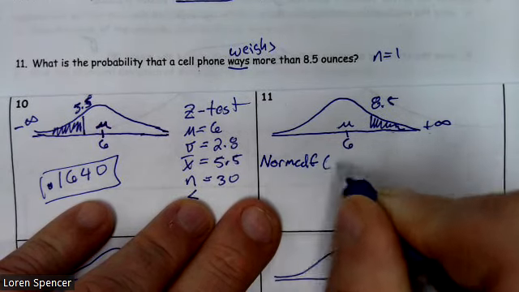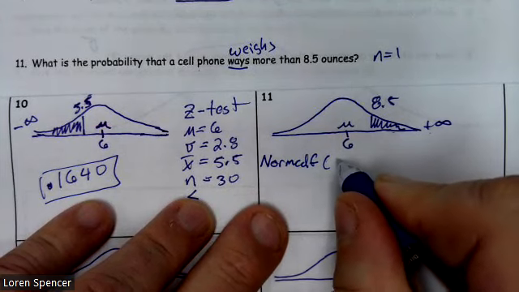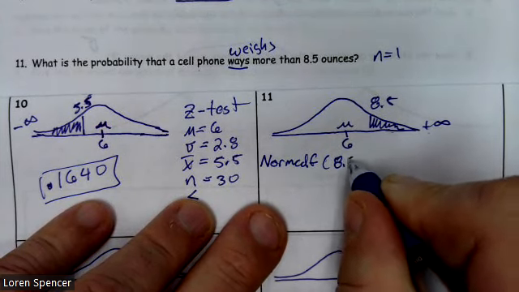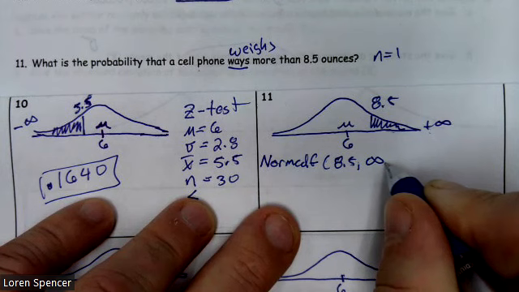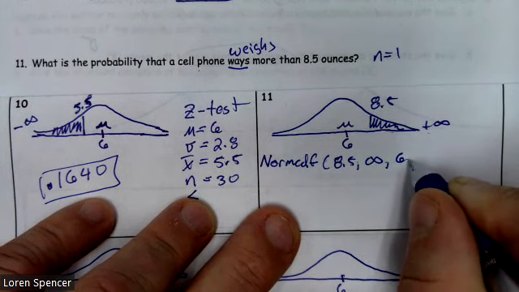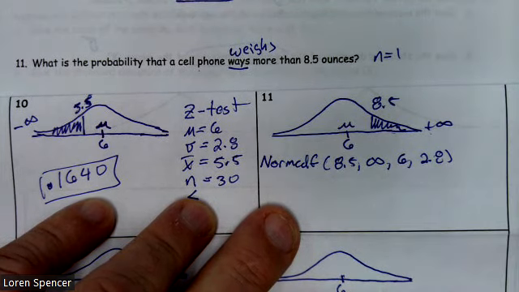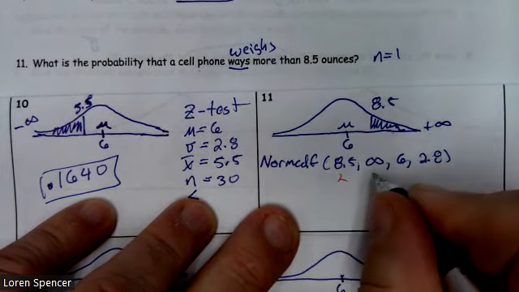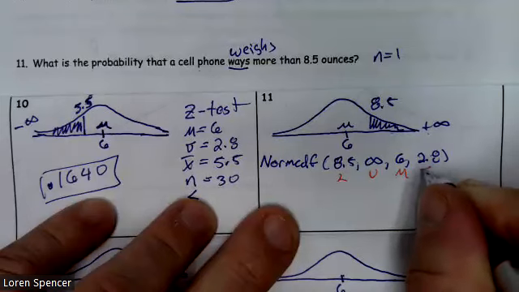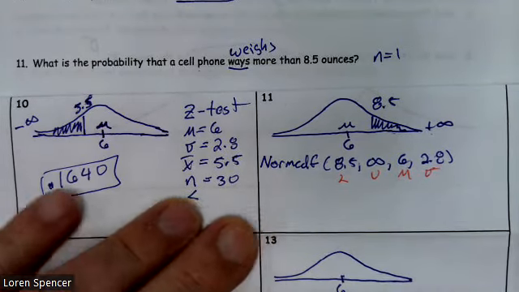So NormCDF, lower bound 8.5, upper bound infinity, mean of 6, standard deviation of 2.8. So lower, upper, mean, standard deviation.